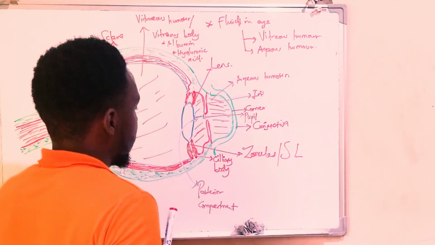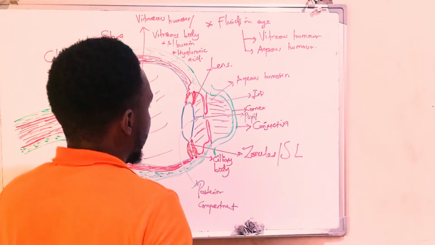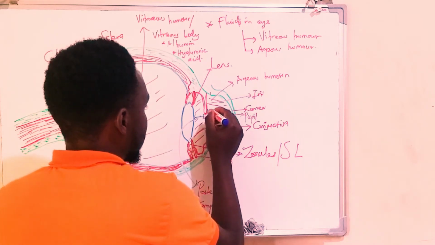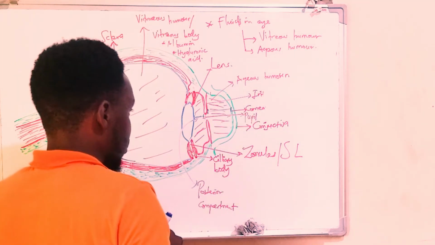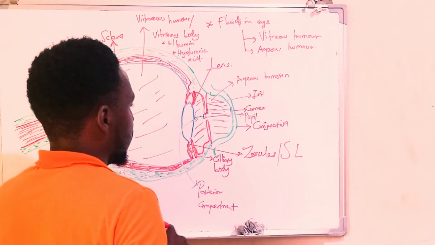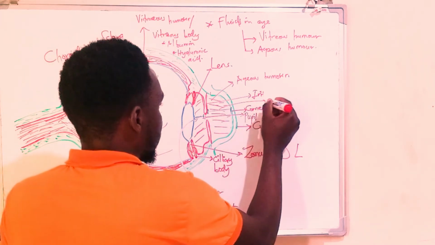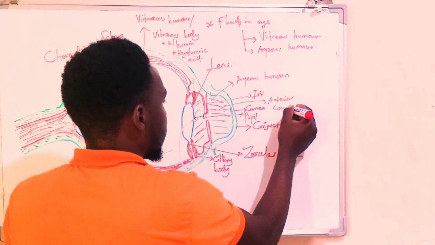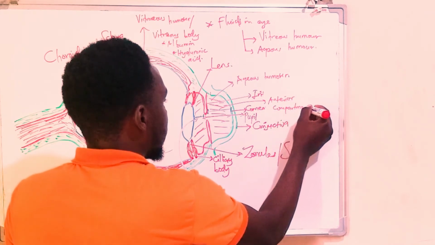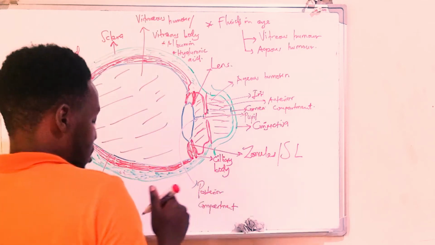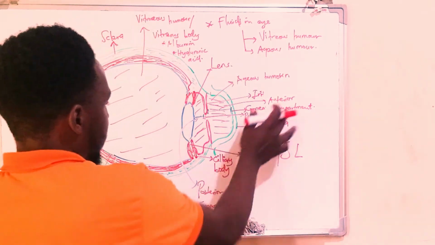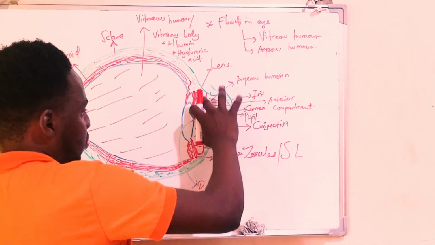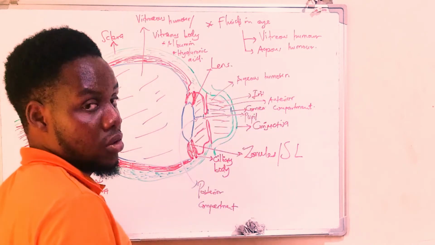Then from the iris to the cornea, that is the anterior compartment.